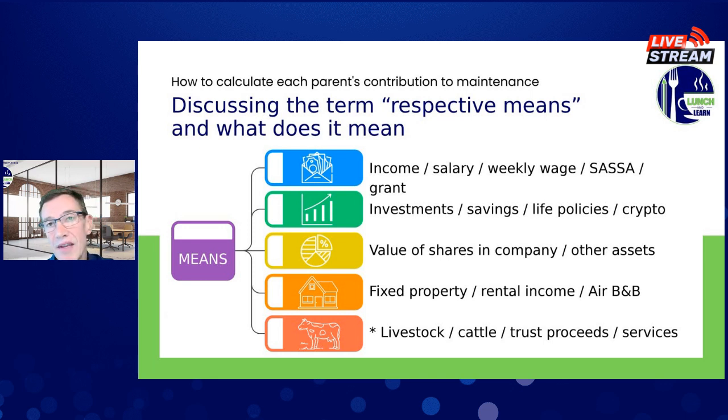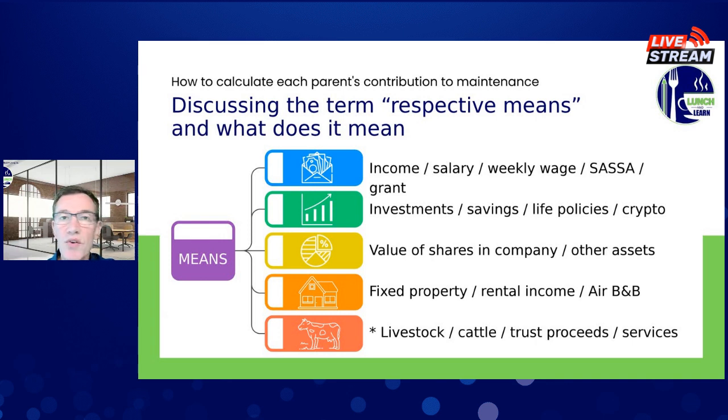If you have a fixed property that you own, and you rent out certain portions thereof, like a little Wendy house outside, and the other party gets rental income from that, then that is also considered means. That is also considered to be part of his income.